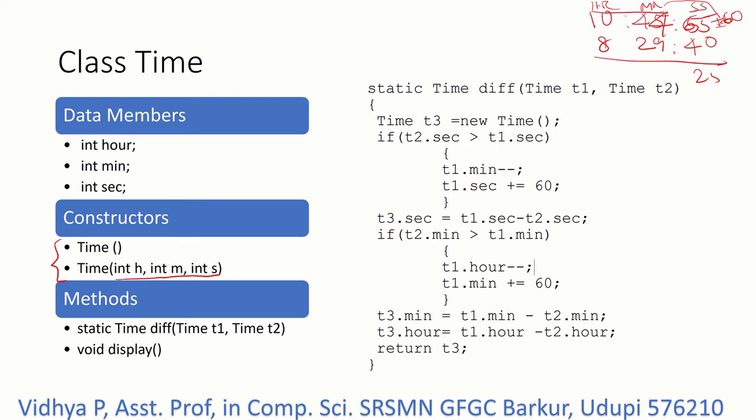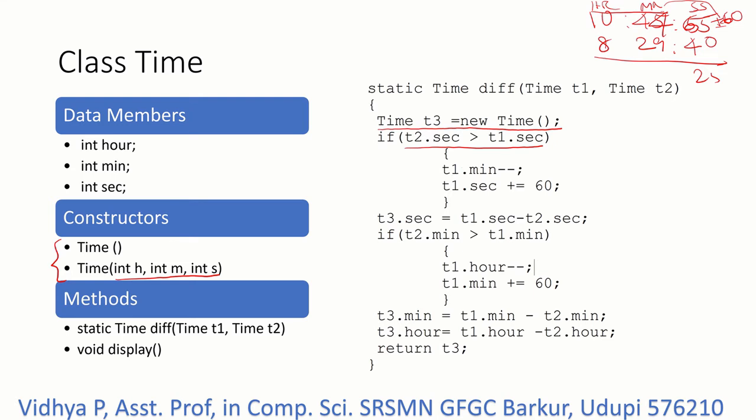Now in the time difference method we are going to create an object, time t3, as a new Time object, and here we check whether t2 seconds is greater than t1 seconds.